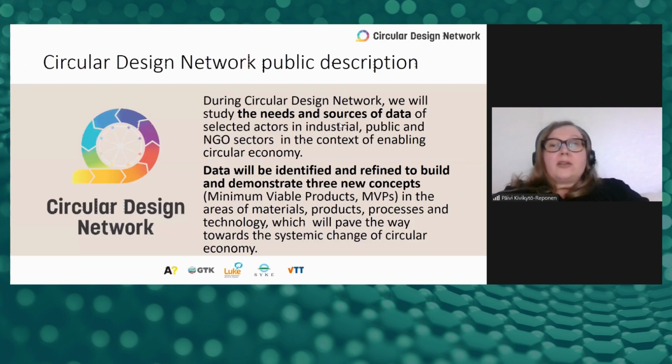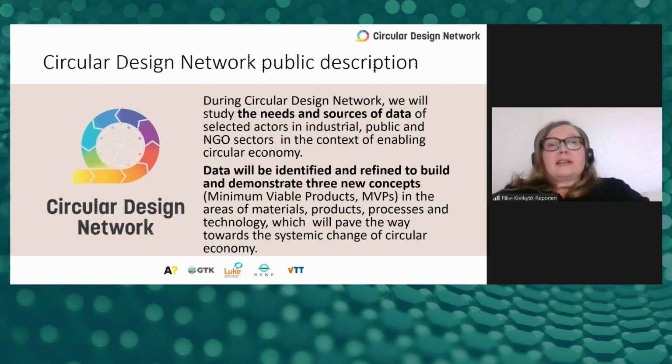So that was an intro to understand our focus in circular design, and what we are doing.